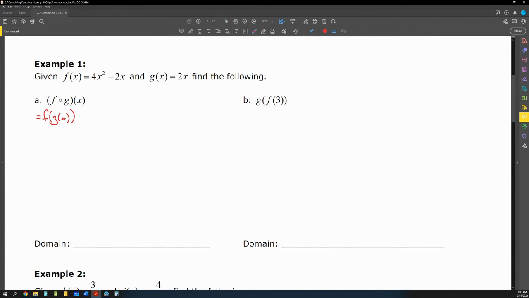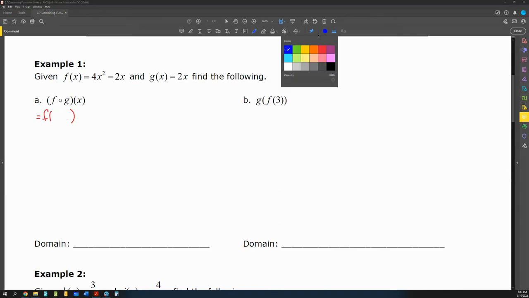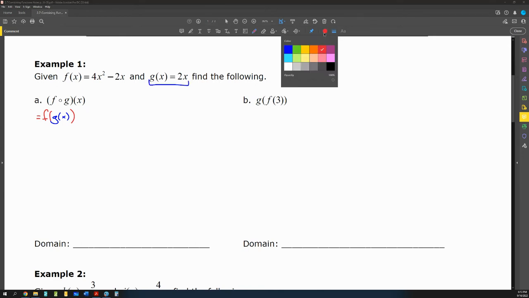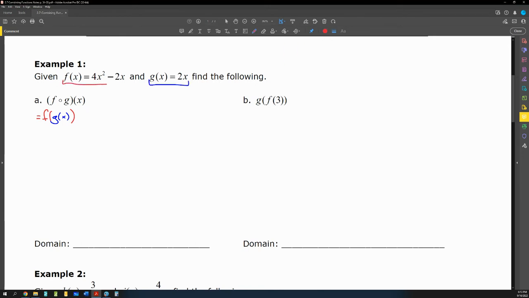So say we have f of x, which is in red, and then we'll do g of x, which is in blue. All right. So then if we're composing these functions, we're going to take g of x and plug it in for f of x. So here is g of x, and then our function f of x is this right here. Okay, so now let's go ahead and we're going to say f of x.